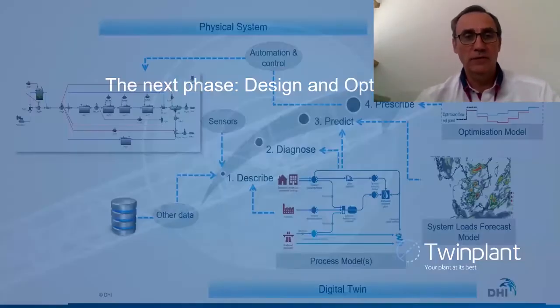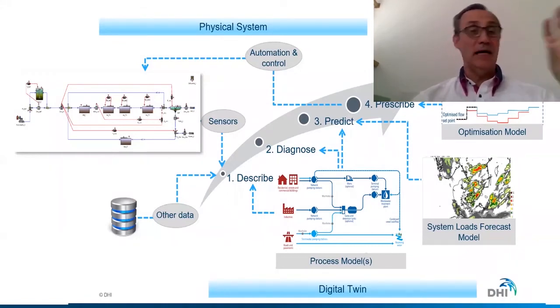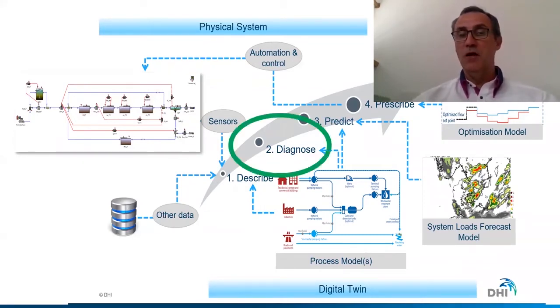And to the well-known picture here, so we move from stage number one, where we describe how it works by data and sometimes take decisions on that level of information. We move into diagnosis of how the facility works. And in treatment plants, we are definitely talking about design and optimization, modeling of the treatment plant.